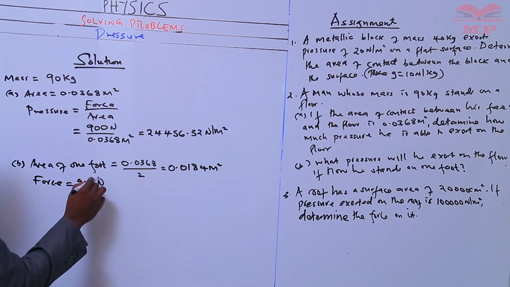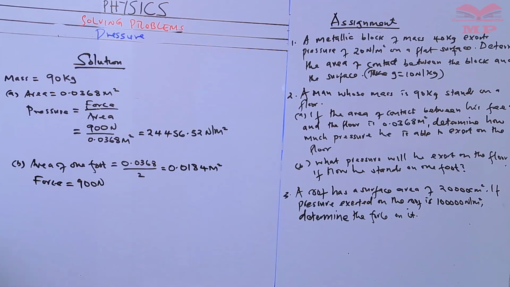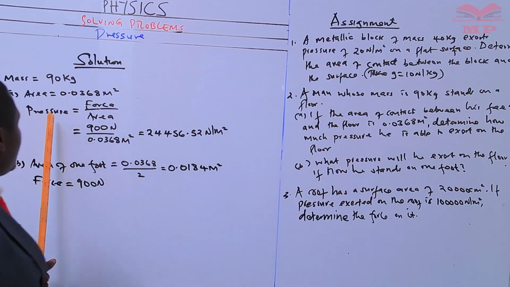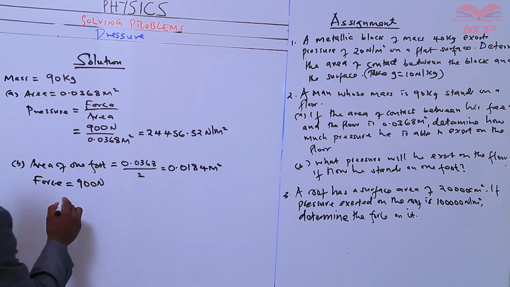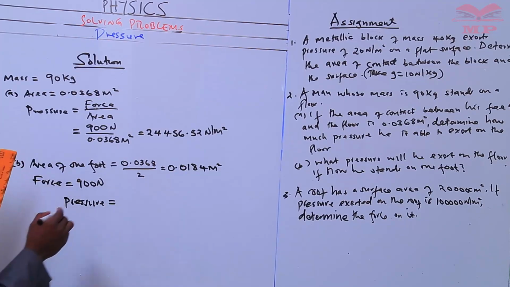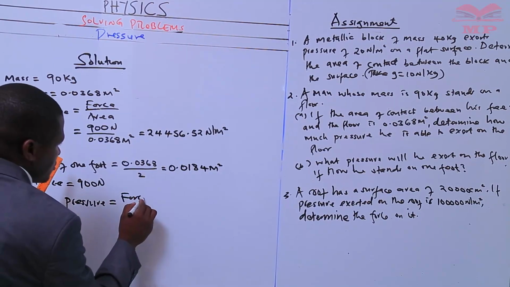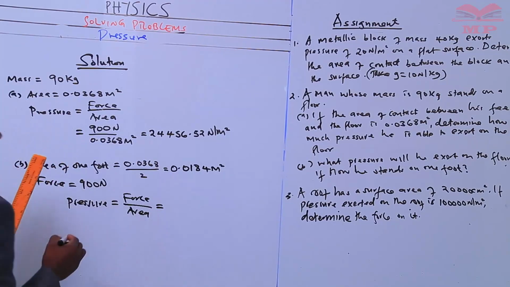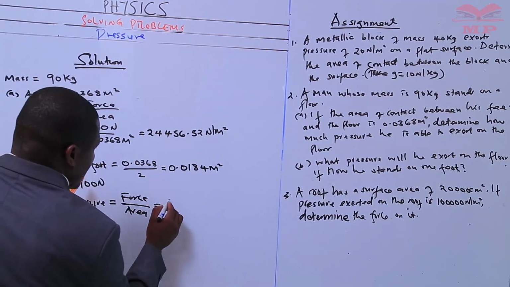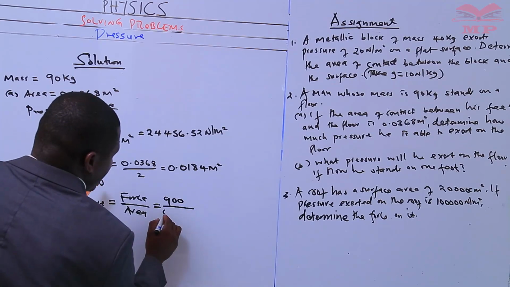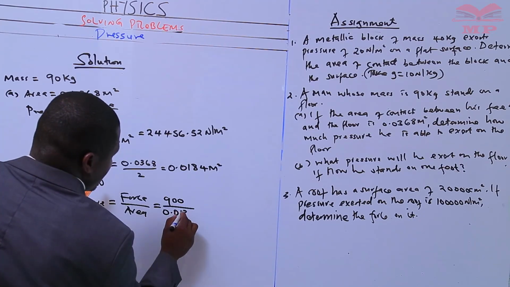So if I want to calculate the pressure, we have seen in part A, our pressure is given by force over area, which gives us force 900, then over area 0.0184.